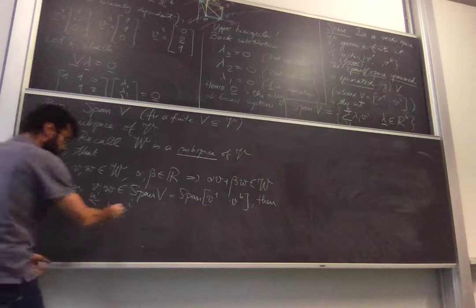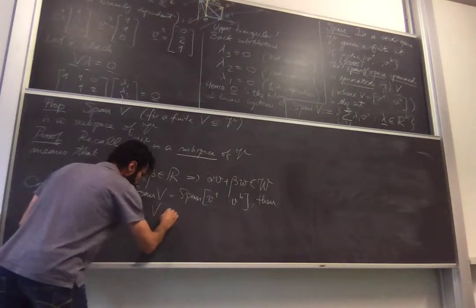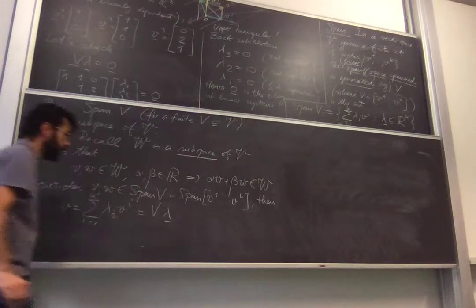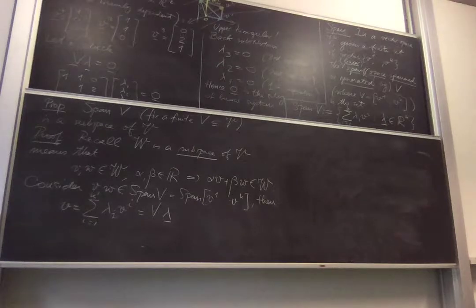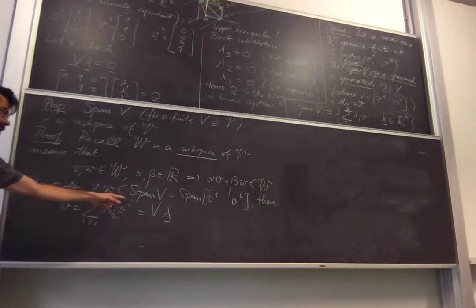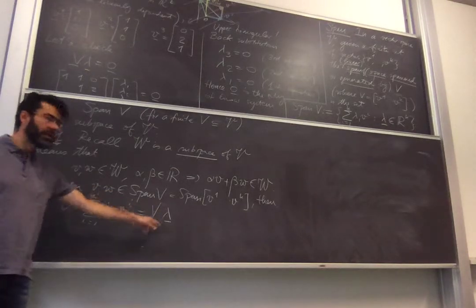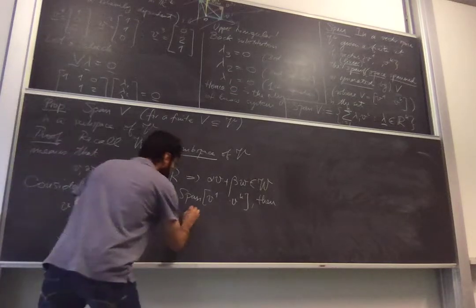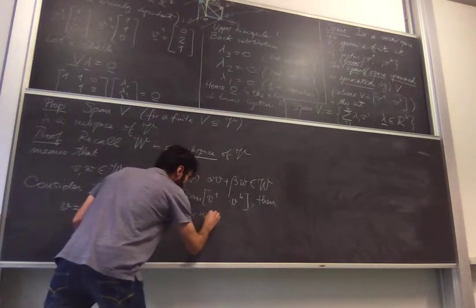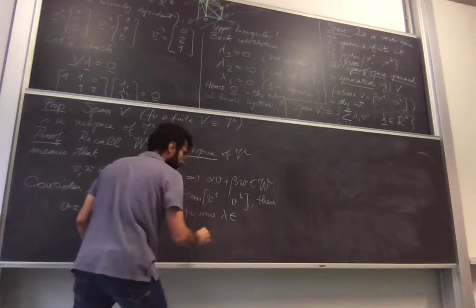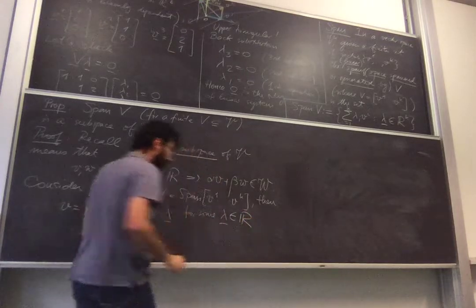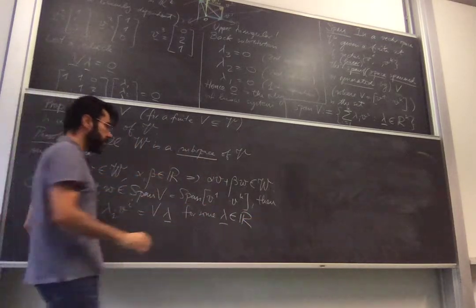But I can even concatenate this as follows. V is nothing but capital V times lambda, for some lambda. Where do I take lambda? Lambda is in R^k.